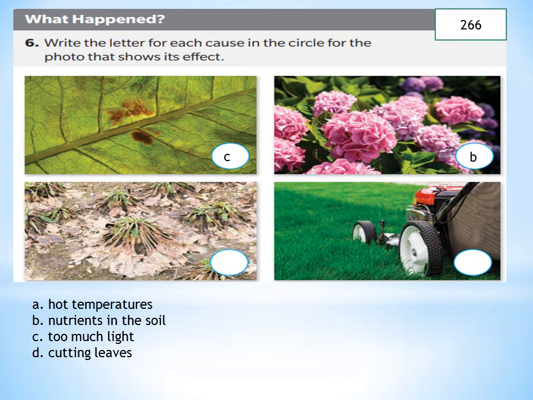It is A. Hot temperatures causes wilting. And the last picture is D. Actions of humans or animals causes plant to be cut off or eaten.